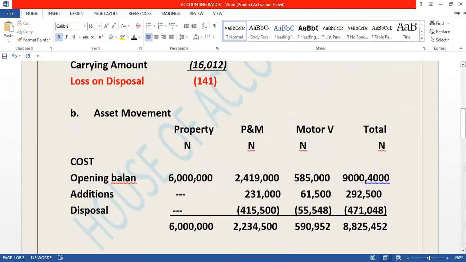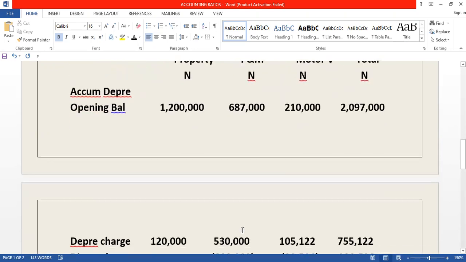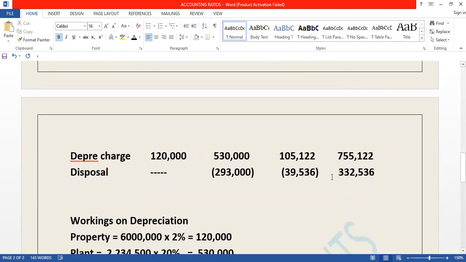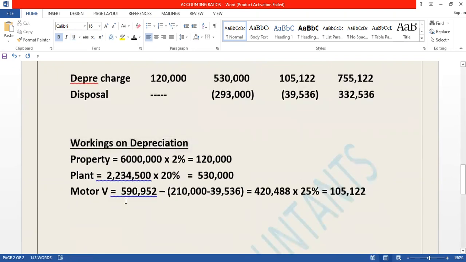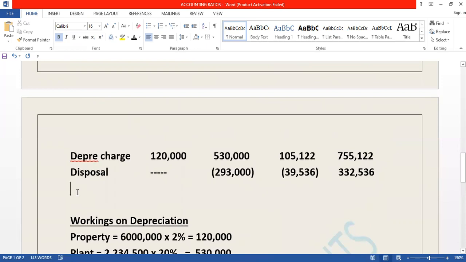We have opening balance, additions, disposed, and new costs. Then we have opening balance, the depreciation charge for the year, which you need to calculate, and we have done that. Then we also have the disposal, which is the accrued depreciation of those assets we disposed of.